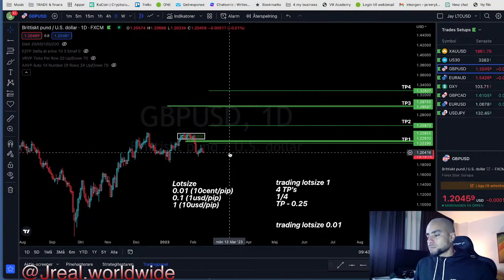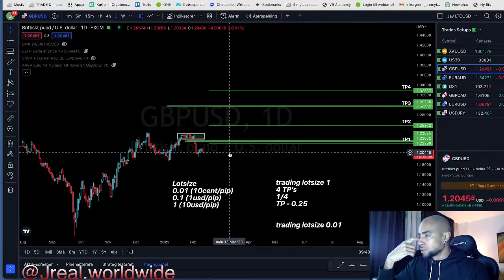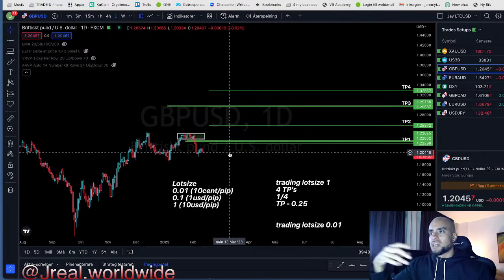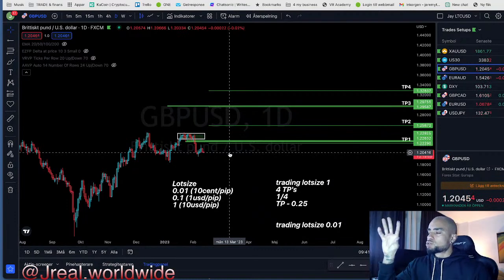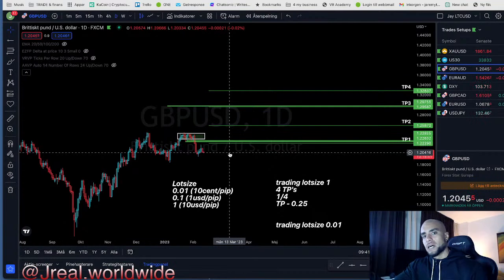A demo account is something that you can do when you sign up with your trading broker, Forex or crypto broker, and you can open a demo account instead of a real live account so that you can demo trade. That means you're trading the real markets. You're trading everything that's going on in the markets, but instead of trading with real money, you're trading with fake money.